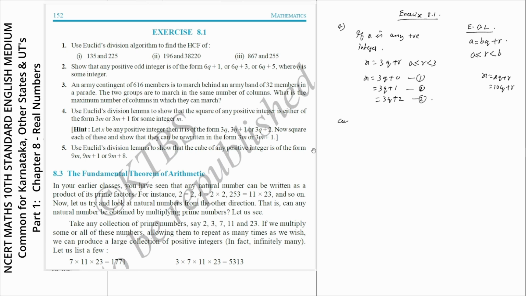Now in case 1, that is x is equal to 3q. If I square both sides, I'll get x square is equal to 3q the whole square, that is x square is equal to 9q square.